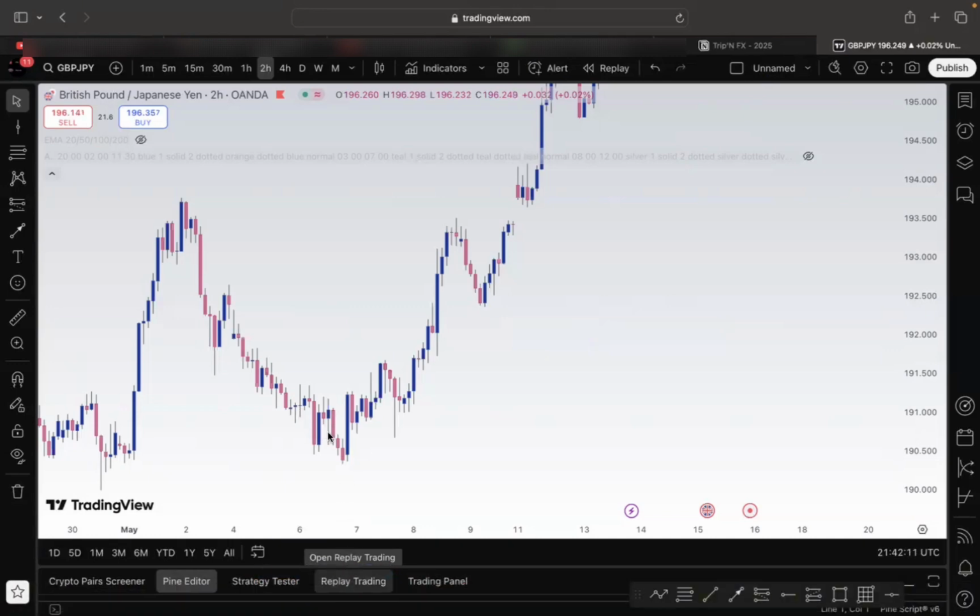Just before the buys happened, the first indication here was the harami. So the mother candle, then we had the baby candle, which indicates a reversal. Price came down a bit, but not too much before continuing the uptrend.